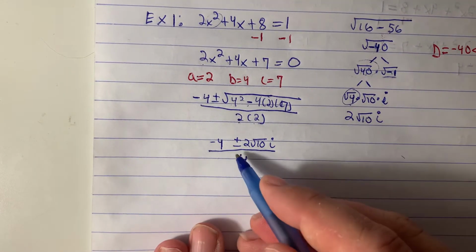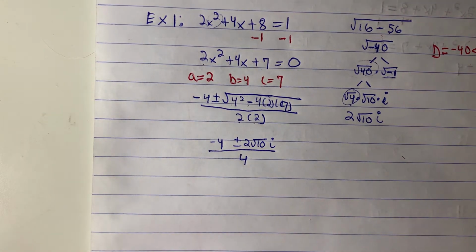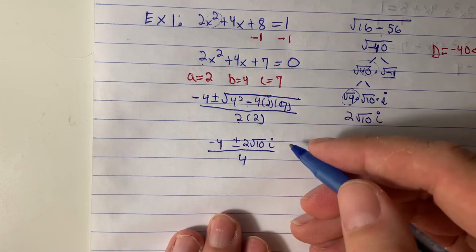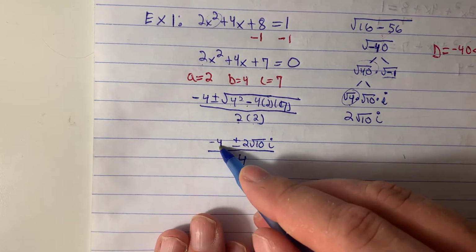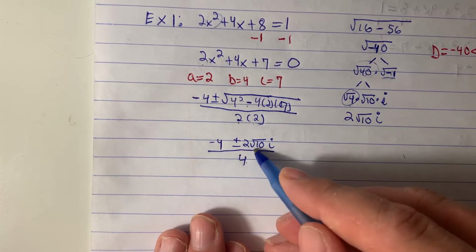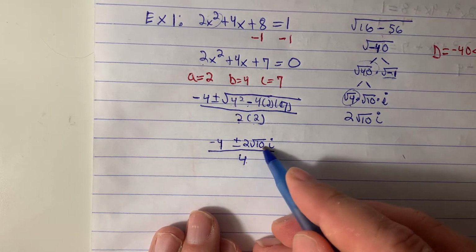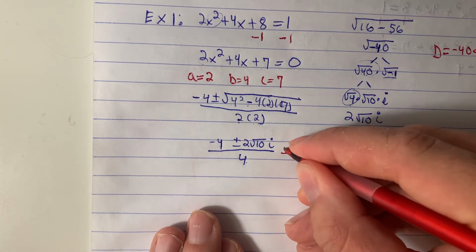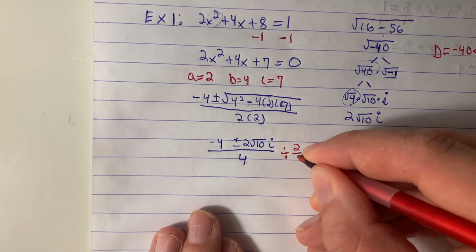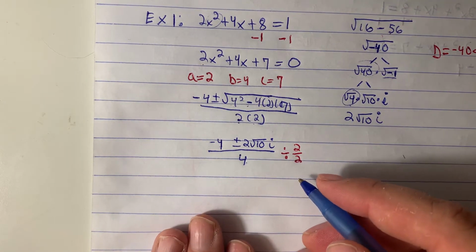Cool. And we do want to make sure we can't simplify it at all. This can be simplified into an easier fraction, because we'll notice that both the numerator and the denominator have a common factor of 2. We've got 4, 2 square root of 10i, and 4. And so we're going to divide both the numerator and the denominator by 2, which is a fancy way of dividing by 1.